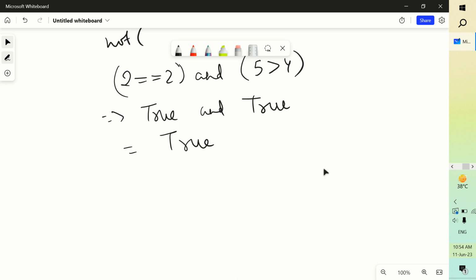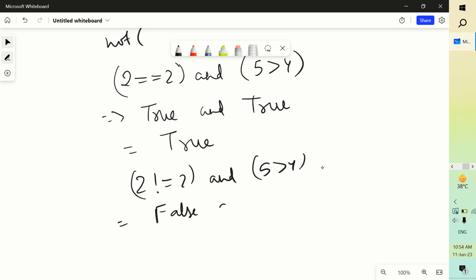So now let's say if I write 2 not equals to 2 and 5 greater than 4, so this will become 2 not equals to 2 is false, and 5 greater than 4 is true. So false and true.